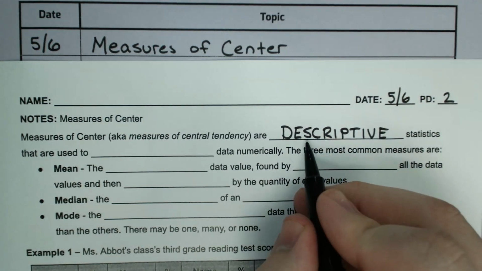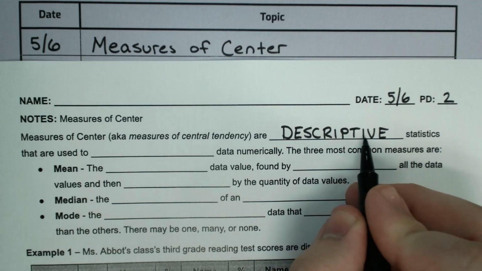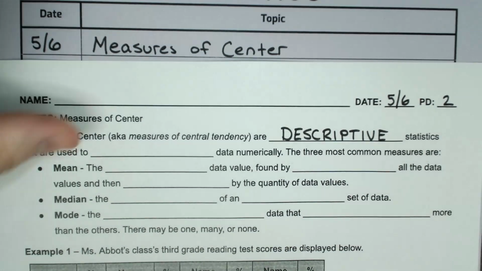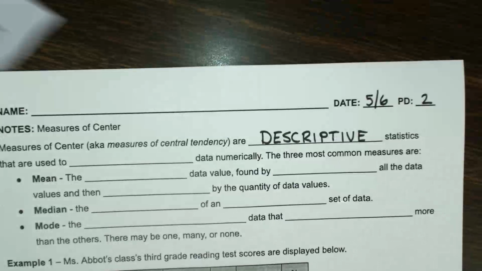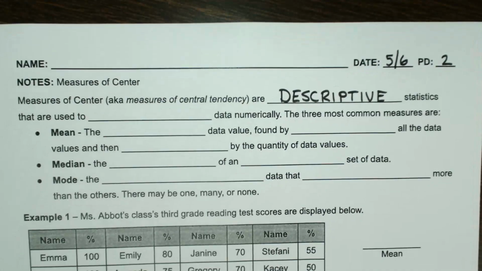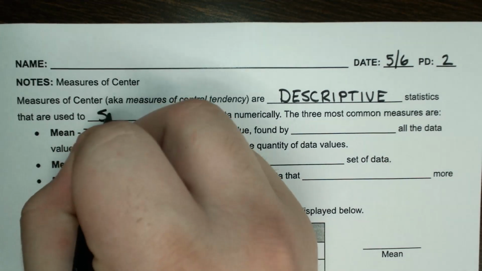Spelled D-E-S-C-R-I-P-T-I-V-E. Descriptive statistics. And all it's really trying to do here is summarize the data.